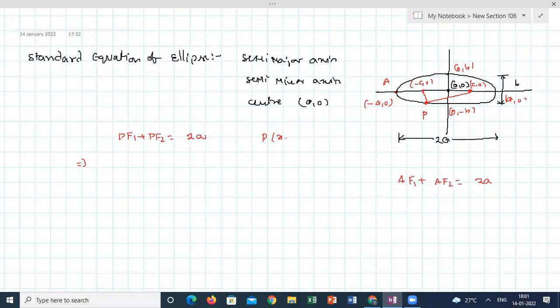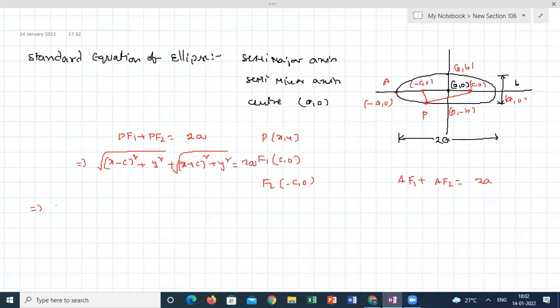P is x comma y, F1 is c comma 0, F2 is minus c comma 0. If I am applying this, what will I get? Root of x minus c whole square plus y square, plus root of x plus c whole square plus y minus 0 whole square, is equal to 2a. So please solve this one and let me know your answer.